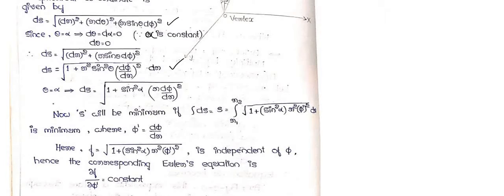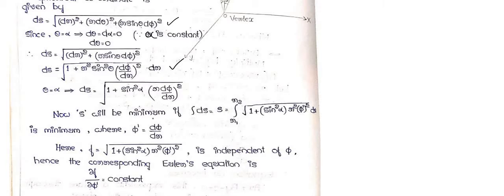So theta equal to alpha implies ds equal to, substituting theta equal to alpha, sin square theta becomes sin square alpha. Take r square and d phi by dr whole square in one bracket. We know that a square b square is ab whole square.